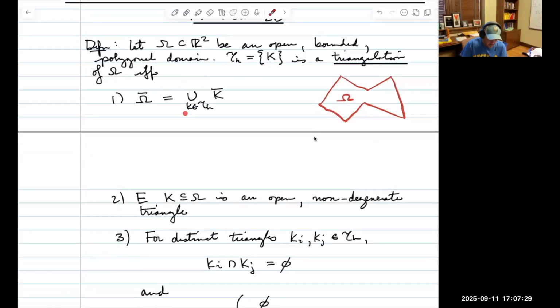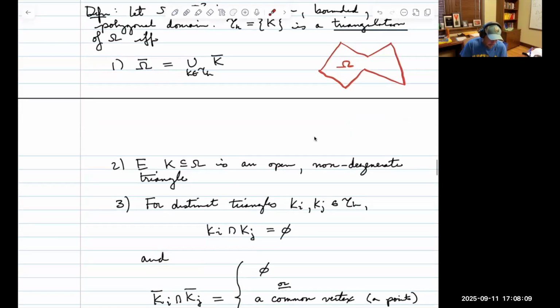If I take the union of the closures of all the sets in the triangulation, then I need to get omega bar back in the end. So I need to get the closure of my original set omega. I close each set in that collection, and then I take the union over all of the triangles or elements in that collection, and that should give me the closure of the original set. So that's one point that a triangulation has to satisfy.